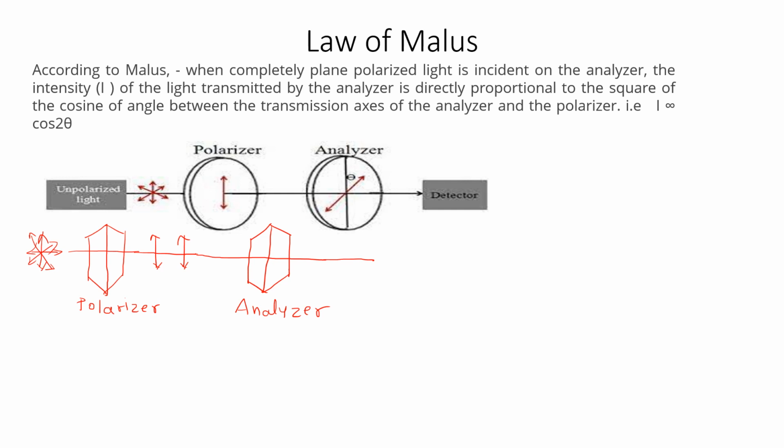Is it possible that these vibrations can pass through the analyzer? Yes, the answer is yes, because the vibrations are parallel to the plane of transmission of the analyzer, so the light will pass through the analyzer and we will get light coming out of the analyzer.